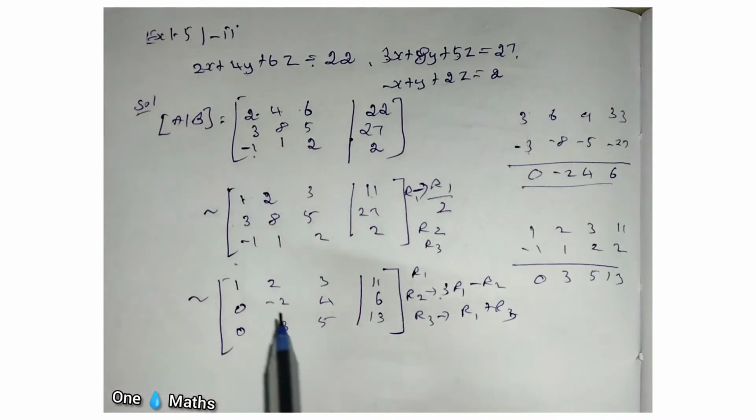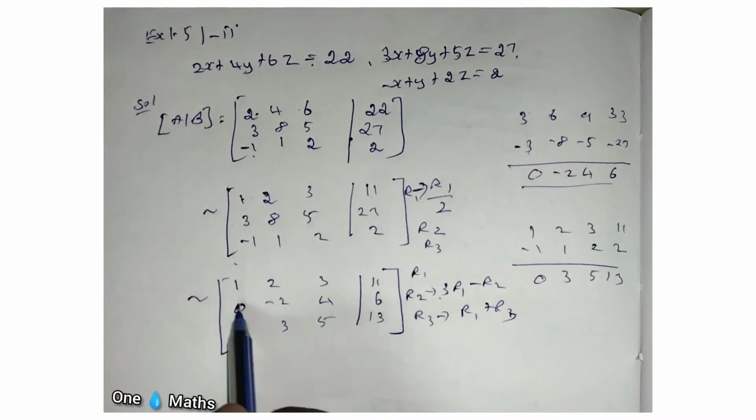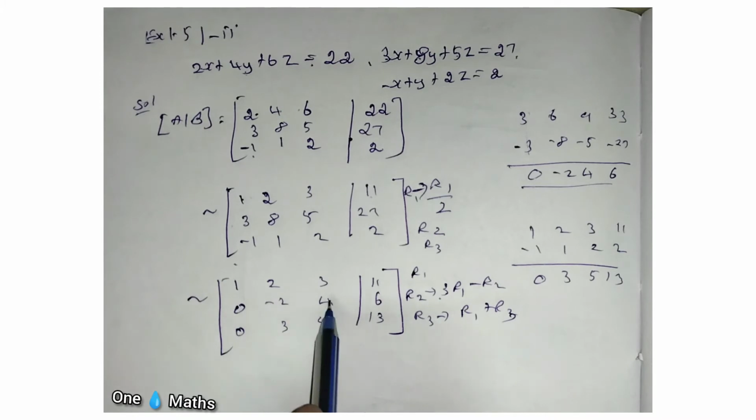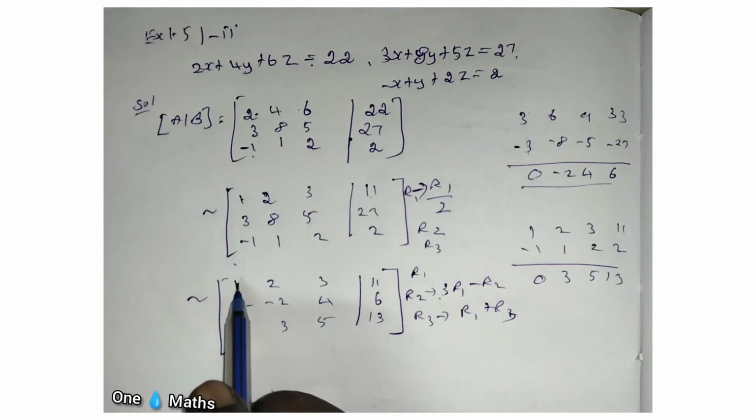Now leave R1. Now we are going to take R2. With the help of R2, you are going to make 0 in the second column, so try to make a 0 here only. Don't use R1. If you use R1, what will happen? Already you changed 0, and again a number will come in these two places.